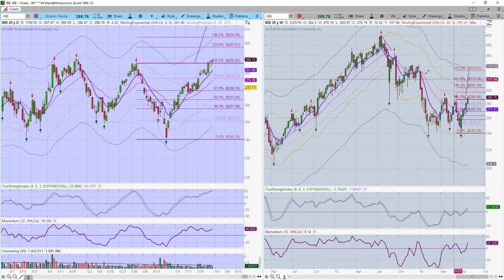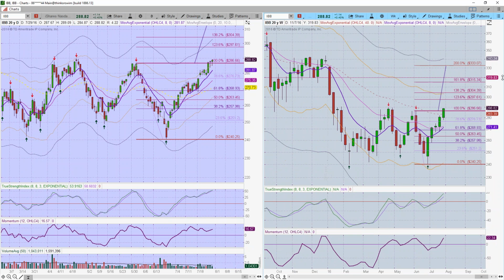But things don't tend to go straight up, so I would look for some reversals here. And if the shorter term 8-week crosses the longer term 20-week, that would definitely be a positive sign, and then we'd be waiting for any type of pullback for a potential entry into a trade, because we can get a pullback and then pop higher, pullback, pop higher. But I agree, it looks like it's ready to turn around.